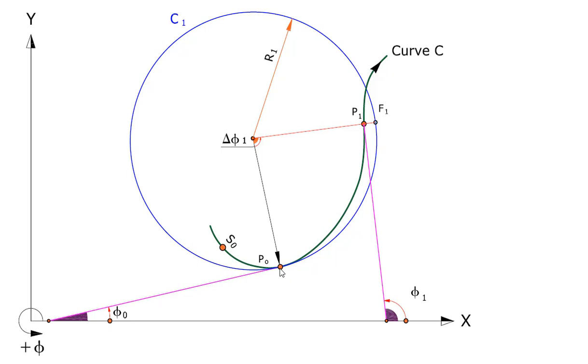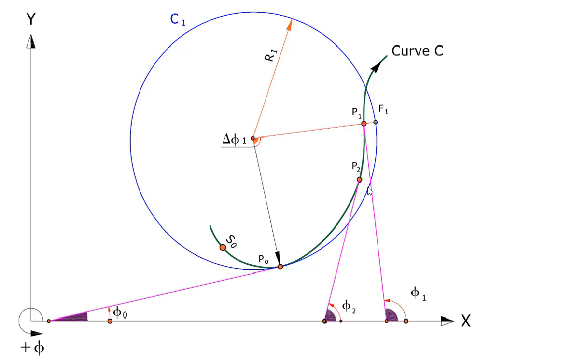And the reason why is because the arc of this circle is not really close to the arc of the curve. So we have to make them closer by choosing another point, P2, and from P2 we draw a tangent, and this tangent is making slope angle phi 2 with axis x.